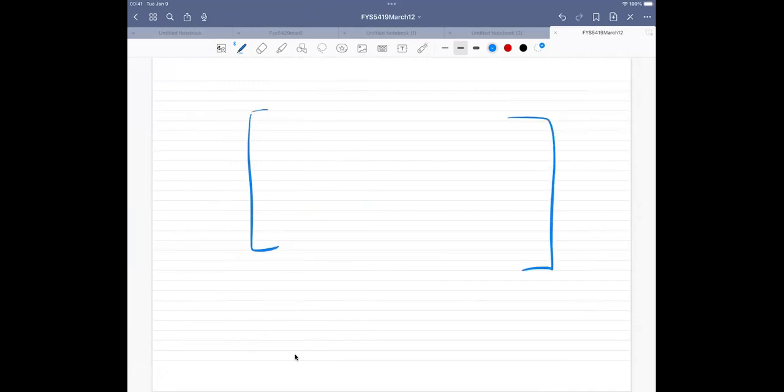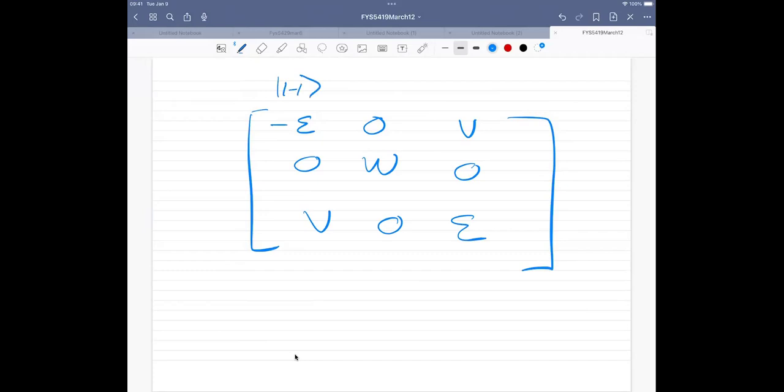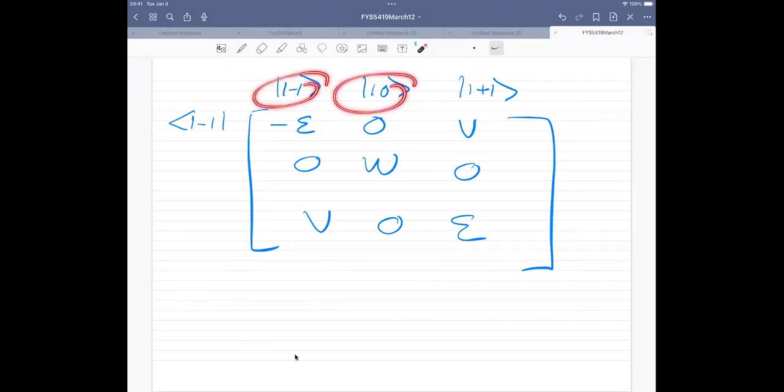So we have now, for the two-particle case, epsilon 0 and V, 0, W, 0, V, 0, and epsilon. Now, if we look at the states we have been connecting, this is spin 1 and minus 1, this is spin 1 and 0, and this is spin 1 and plus 1. And here again, I have the matrix element of 1, minus 1, which then links with the Hamiltonian and the state 1, 1, 1, 0, and 1 plus 1.